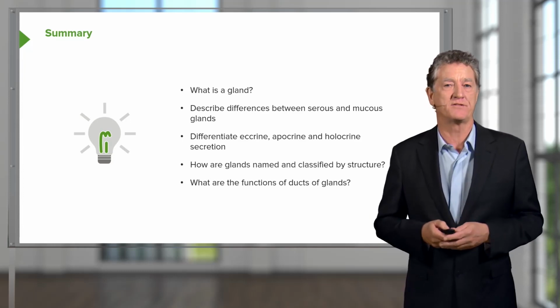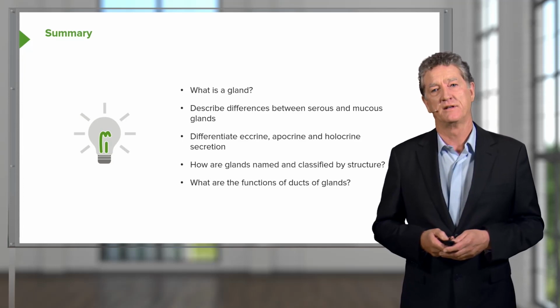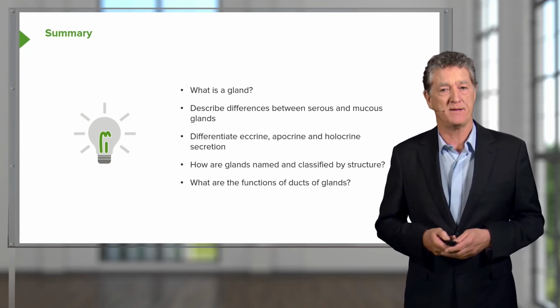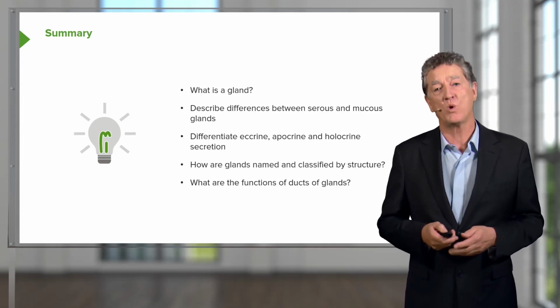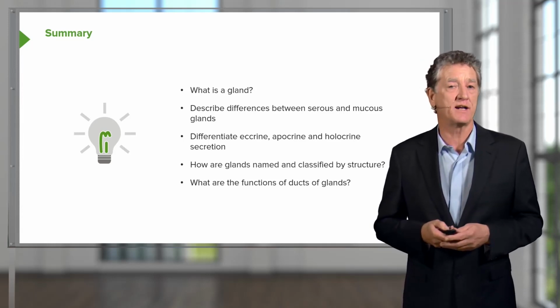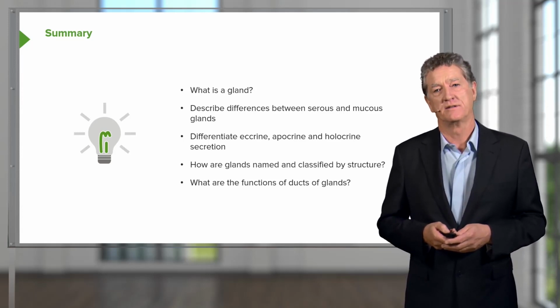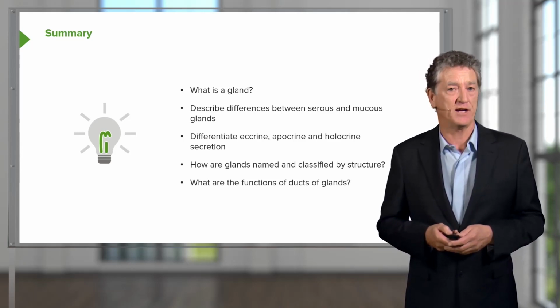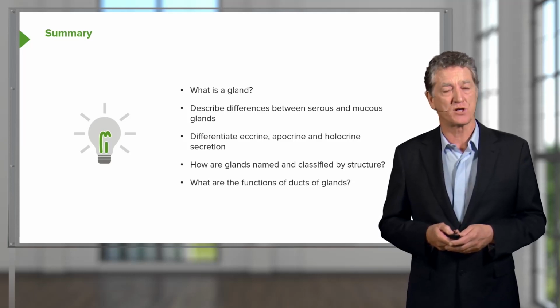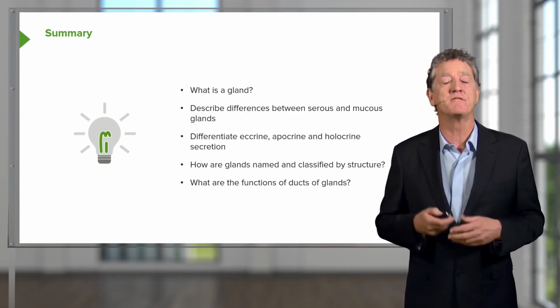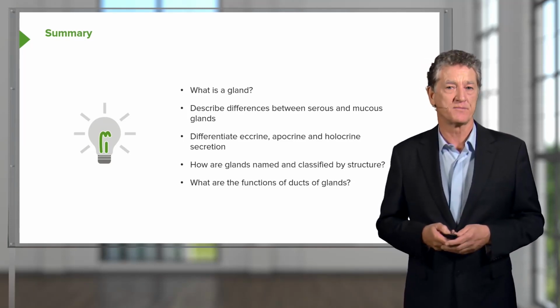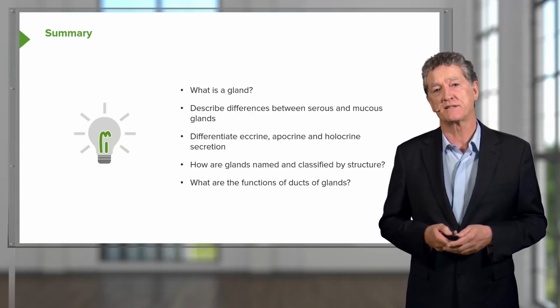Know the different ways in which the secretion product is delivered to the luminal surface, and know how glands are named, simple or compound, and how they're classified by the way they appear, either unicellular or multicellular. And finally, know and appreciate that ducts are very important in some glands because they can modify the product. In other glands, they merely convey the product to the surface or to where the secretory product is active.